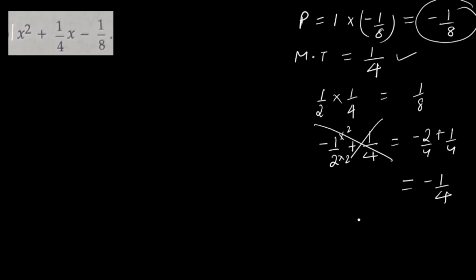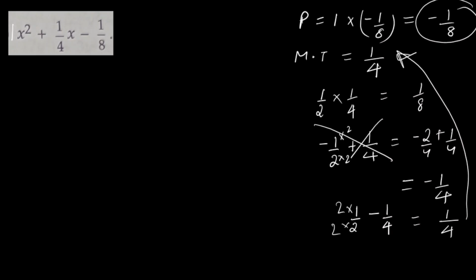So let's try the other way: 1 by 2 positive and minus 1 by 4. Now if I simplify these two, I'll get 1 by 4, which is the required thing. That means our numbers are 1 by 2 and minus 1 by 4. So these are the required numbers.